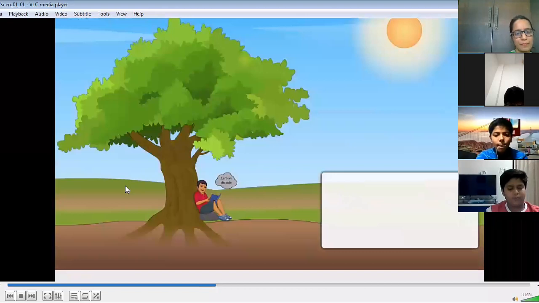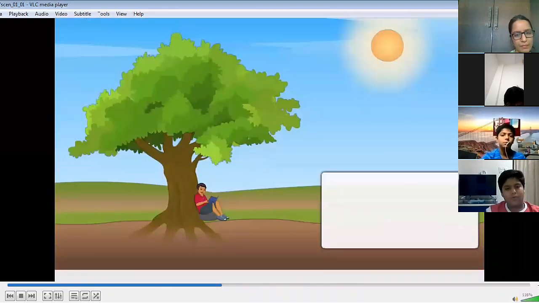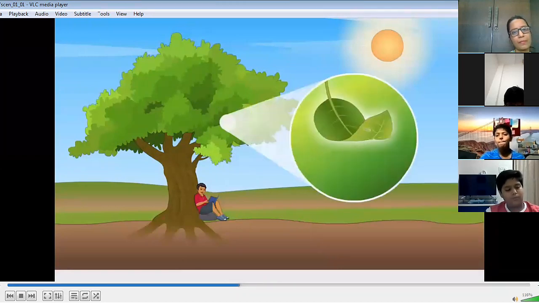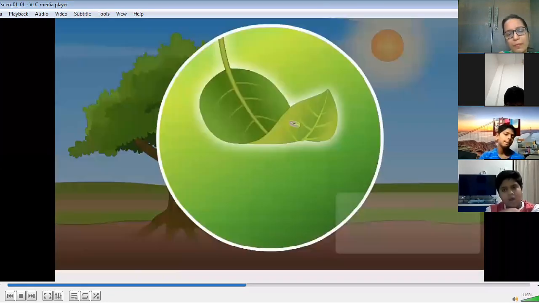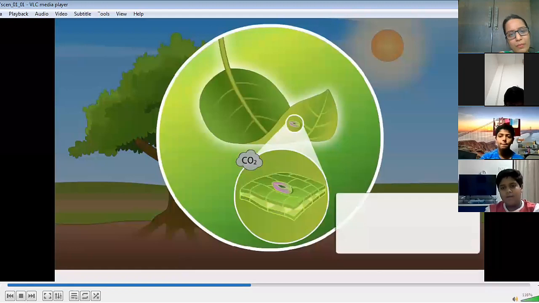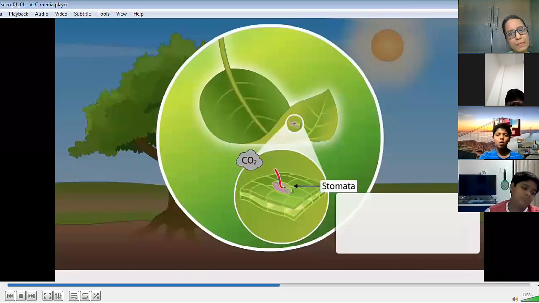This carbon dioxide is absorbed by the plants. Atmospheric carbon dioxide enters the leaves through these tiny pores. Plant leaves have surfaces that are full of small pores called stomata.